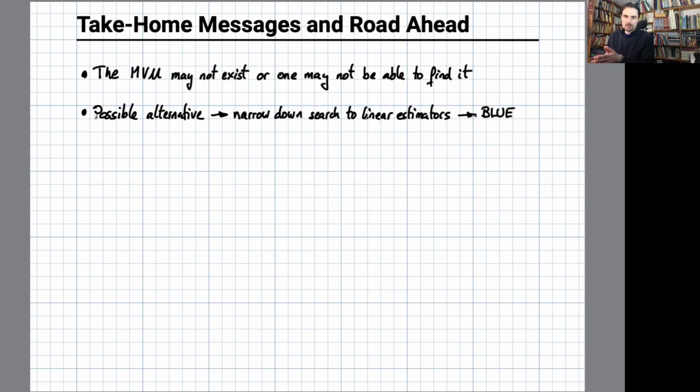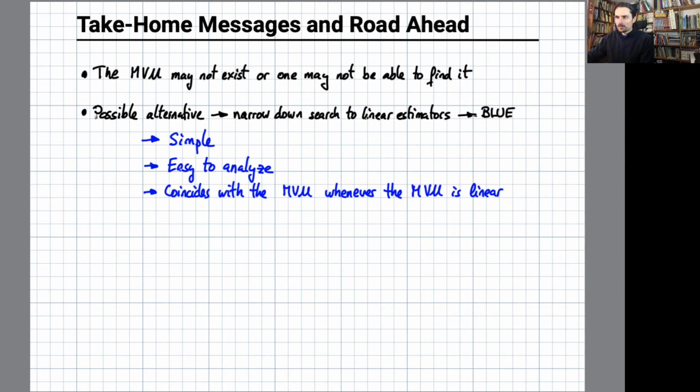And that brought us to the notion of the best linear unbiased estimator. This estimator is simple because it is linear, easy to analyze for the same reason, and as we saw, it coincides with the MVU whenever the MVU is linear. So this provides, in some sense, another way of finding the MVU in that situation.